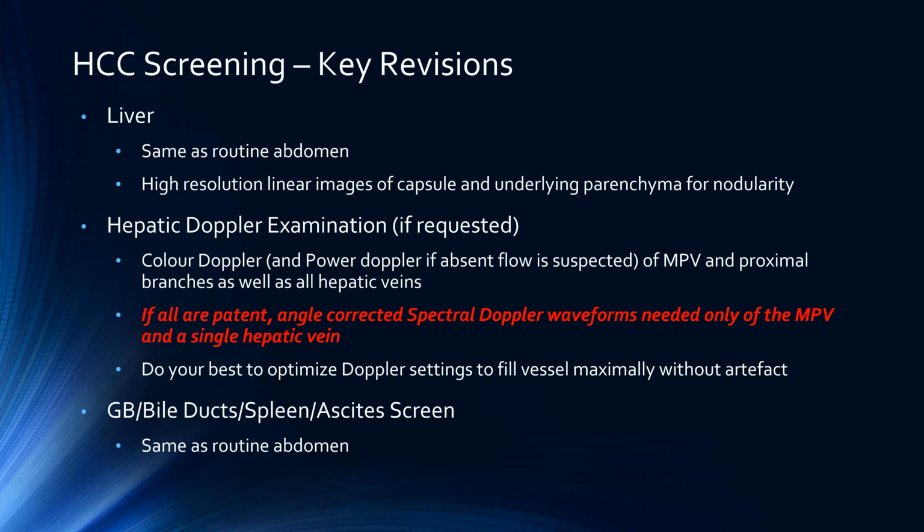I'm going to have to check again, but I believe there is a color Doppler image that is included for the splenic vein and SMV, but again, just to document patency and direction of flow. No spectral tracing is required. I know we have been doing spectral tracings routinely of the splenic vein, but this isn't necessary going forward. We just need to confirm patency and appropriate direction of flow.